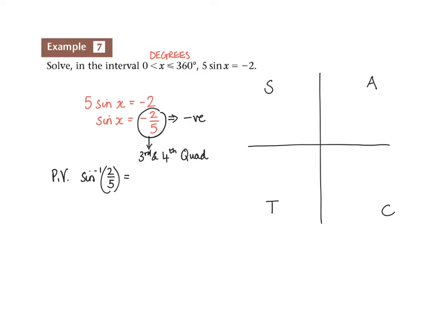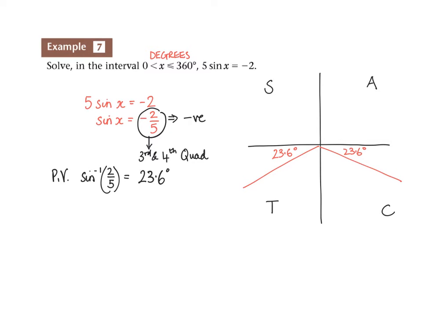And that happens to be 23.6 degrees. So do inverse sine of 2/5 and it's 23.6 degrees. So what we're going to have there is 23.6 in the third quadrant and 23.6 in the fourth quadrant.